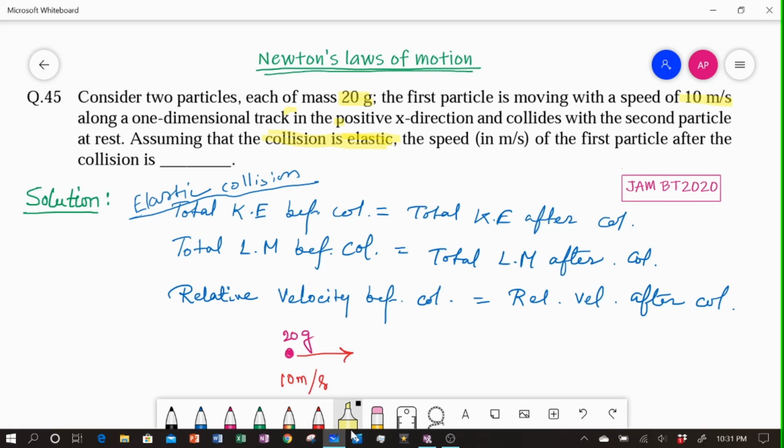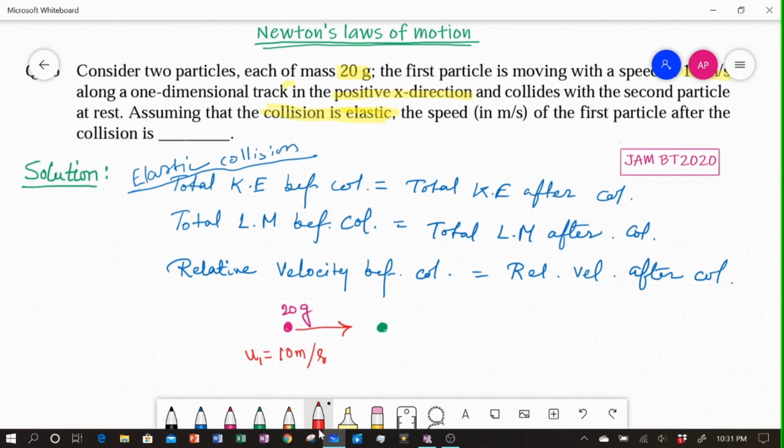Because they inform that it is going in positive x direction. The second particle here is at rest. So if u1 equal 10 meter per second, then u2 equals 0. And one more thing is that this particle also has mass 20 gram, because here you are informed that each of the particles has mass 20 gram.